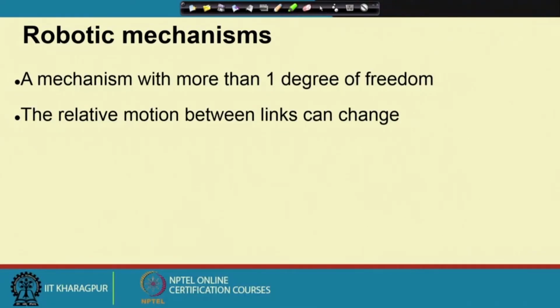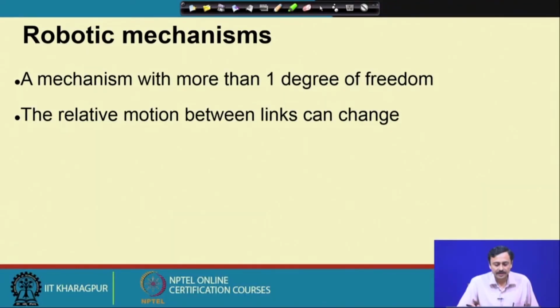As I have told you, in mechanisms with degree of freedom more than 1, the relative motion between the links can change. That is an advantage, and in some situations it brings in some complicacy. So, that is what we are going to look at now.